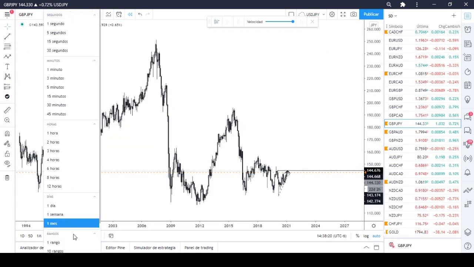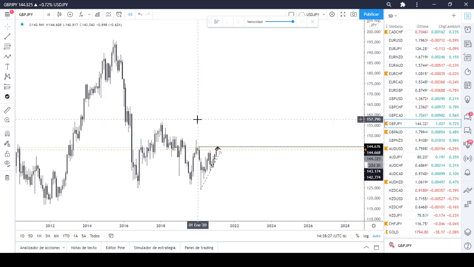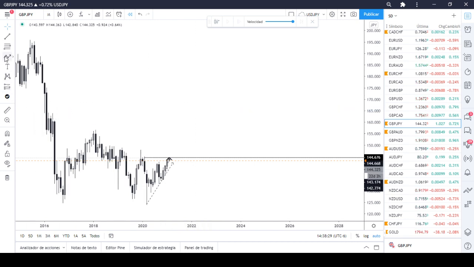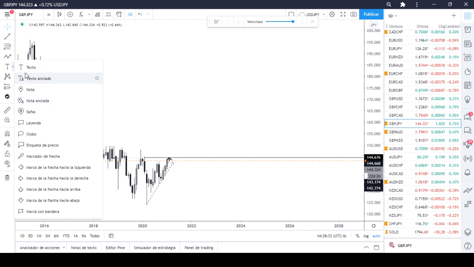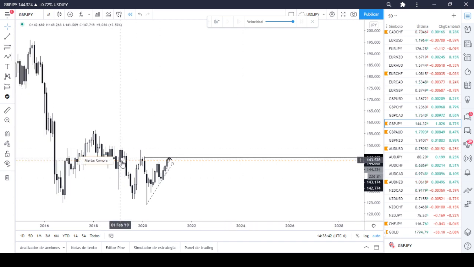If you see the monthly time frame, see what's happening there. I see a lot of Instagram traders trying to go short on this one. I wouldn't do it unless I see evidence of sellers, but at the moment I don't see any. We have a supply zone there, which is not fresh.